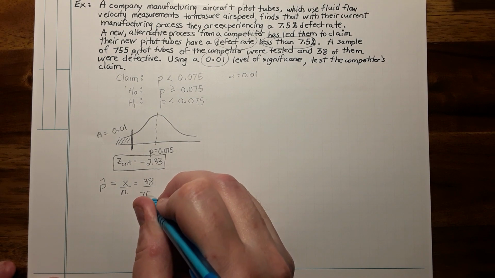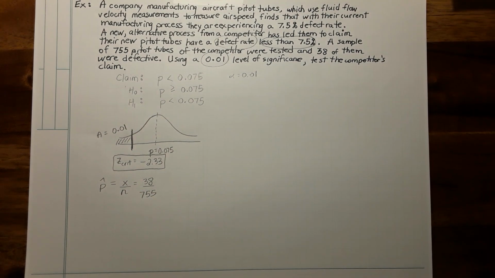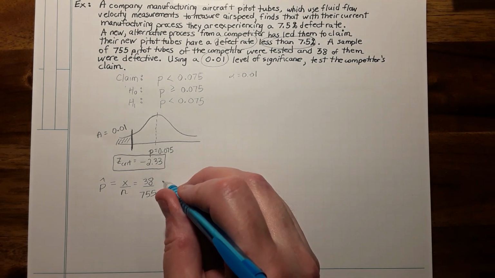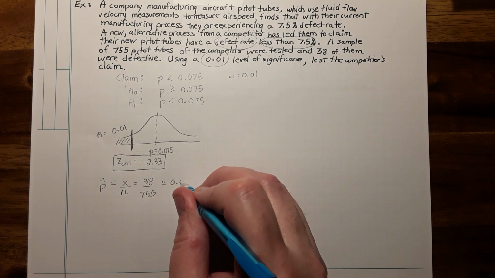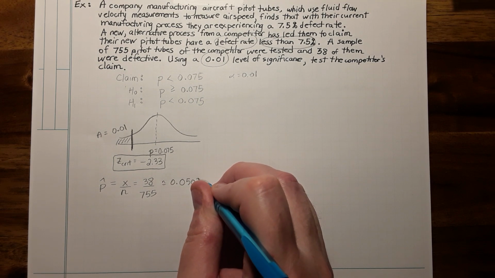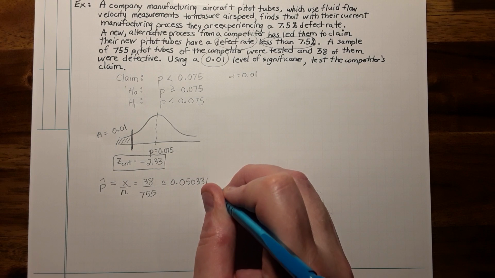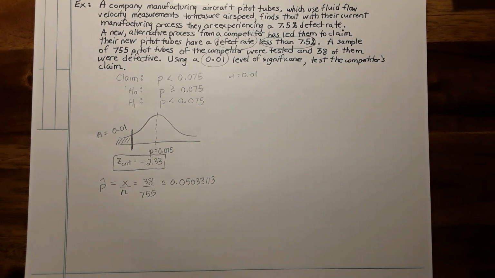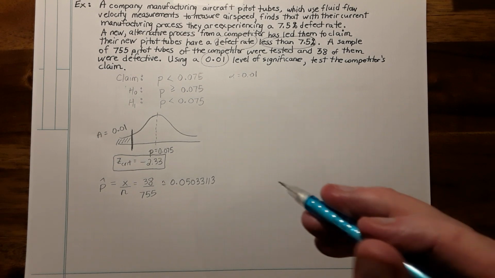So that's 38 over 755. And so that is a sample proportion of 0.050331113. Clearly, that number, 5% defects, is definitely less than 7.5% defects. But is it significantly less?